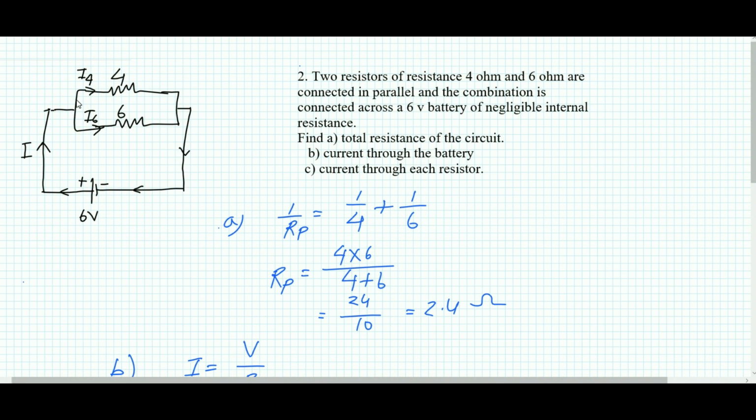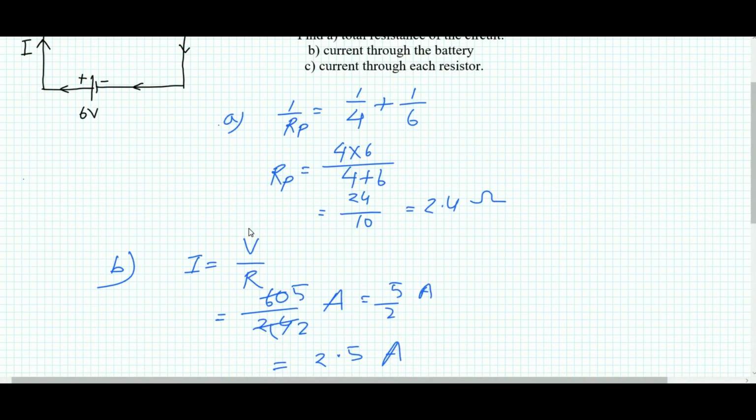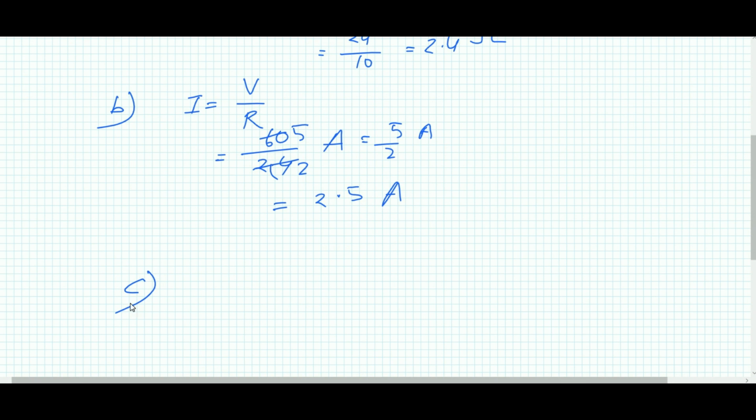Now I can calculate the current I4, and we can find it in two ways. One simple way is I4 equals V by R4, that is, the voltage divided by 4 ohms.